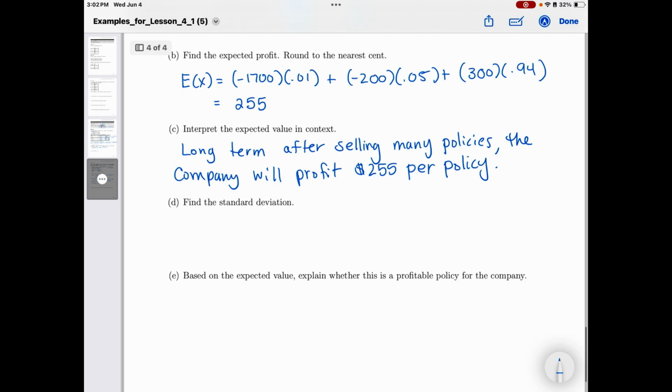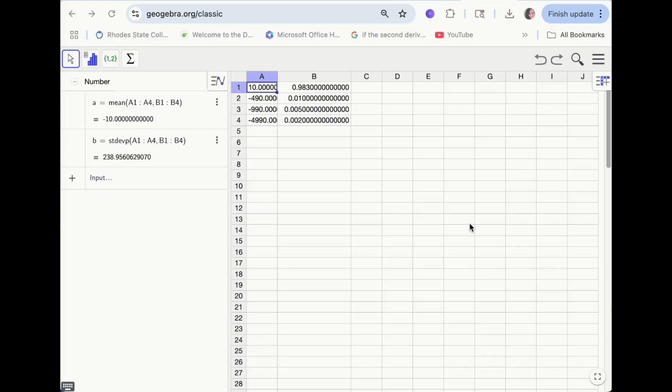Now for part D, we need to find the standard deviation. So let's take a look at that on GeoGebra. And while we're there, we can check our answer for part B, the expected value, as well. So going back to GeoGebra, I need to put in the updated values for the example 5 table.